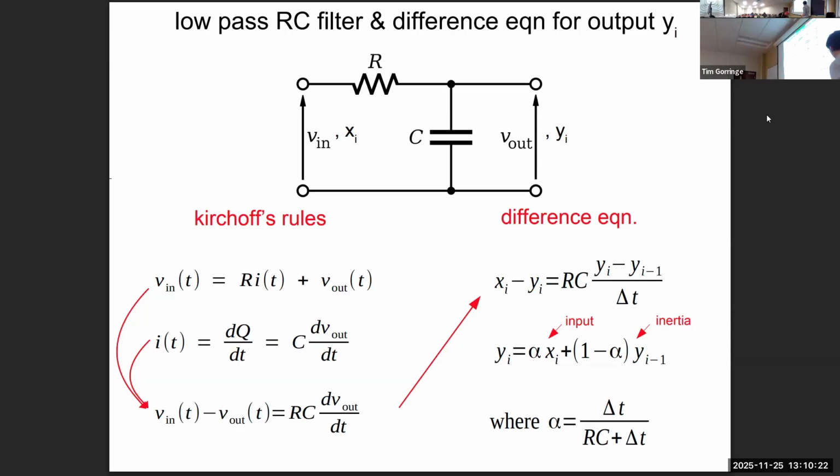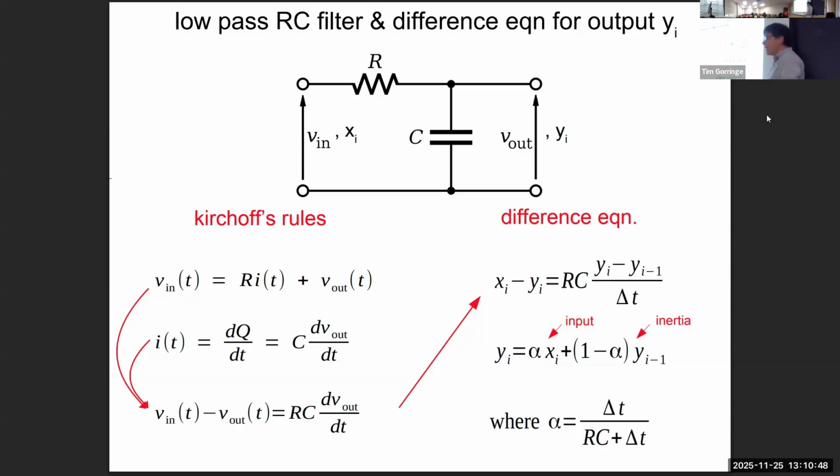This line here is just rearranging our difference equation in the form that we wanted to implement in our code. It says that the output sample yi is determined by the input sample xi and the prior output sample yi minus 1.